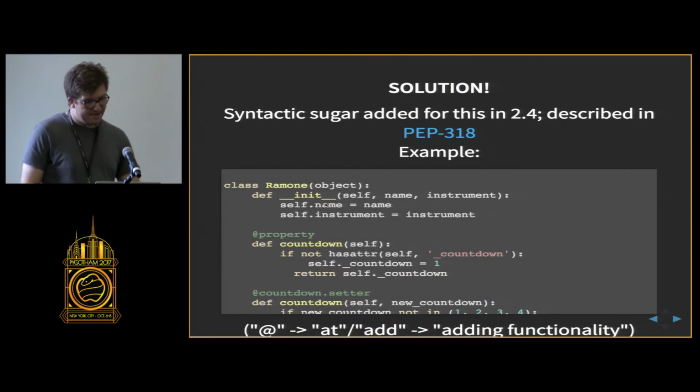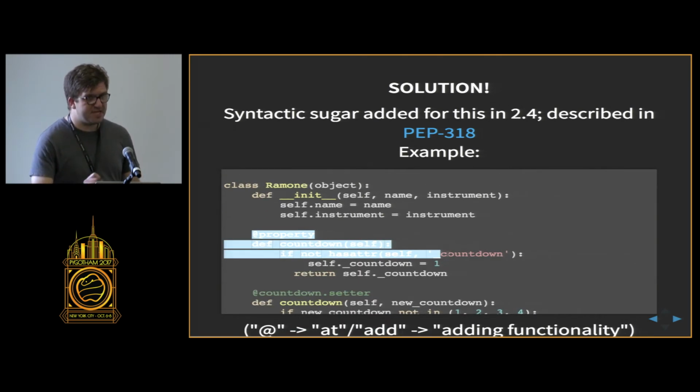So there was a PEP that gives you this special syntax. And property is basically a special decorator which allows you to create override setters and getters. If you come from Java, it's like the setX and getX methods you'll define for most of your classes.